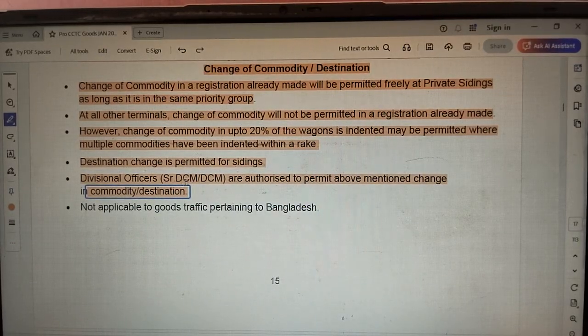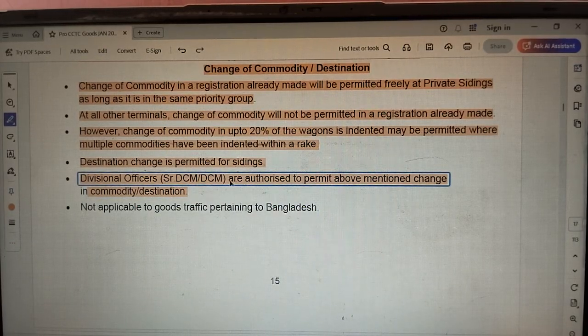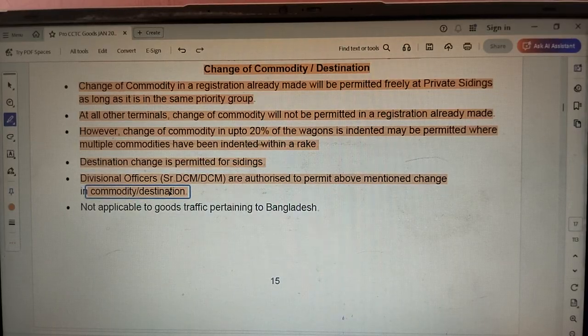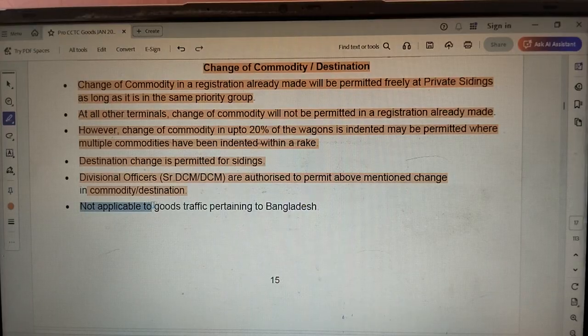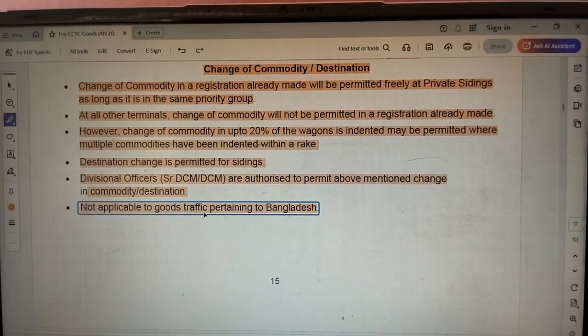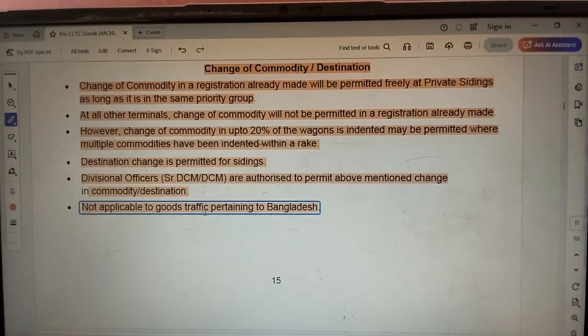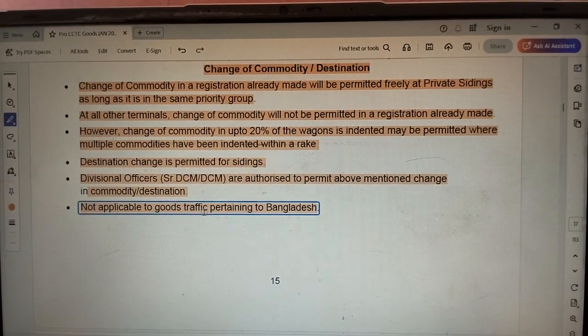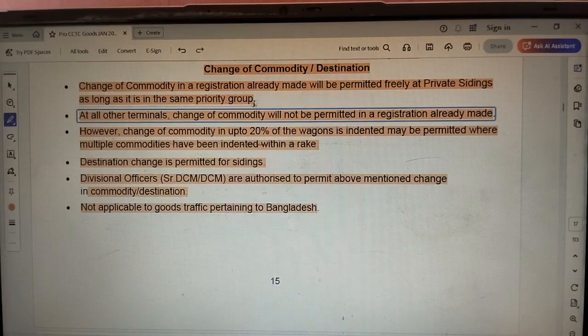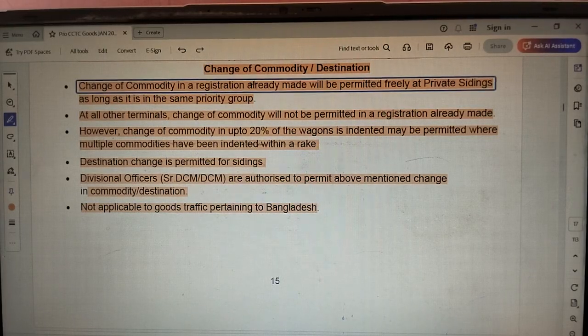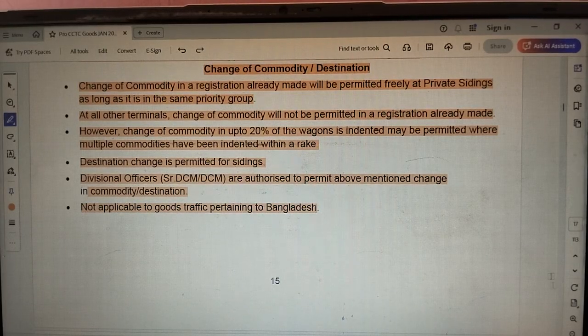So they will give permission to change the commodity or destination. Not applicable to goods traffic pertaining to Bangladesh. So for goods traffic coming from Bangladesh, it is not allowed to change the commodity or destination.